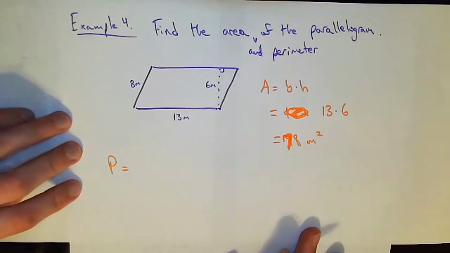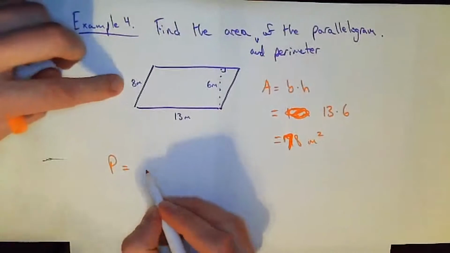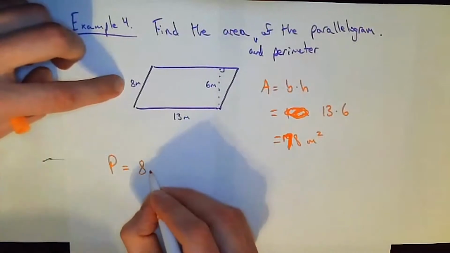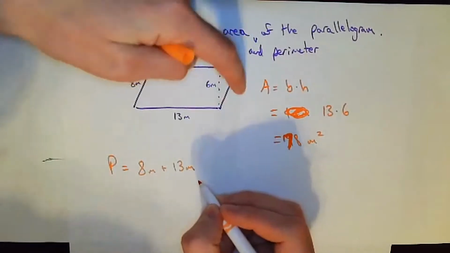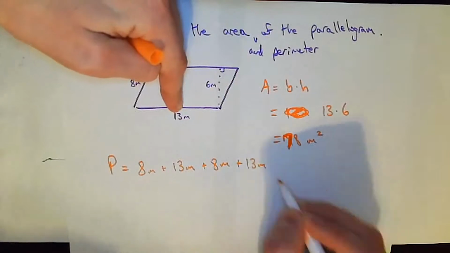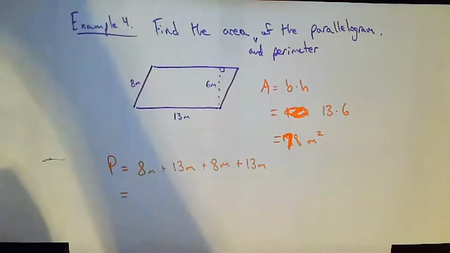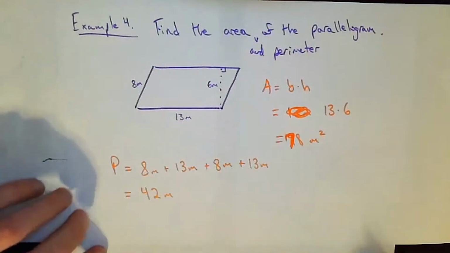We don't have a formula for that because all you have to do is add up all the exterior sides. So starting here, going clockwise, 8 meters plus this side, which I know is 13 meters, plus this slanted side, which is 8 meters, plus this base down here, 13 meters. 42 meters.